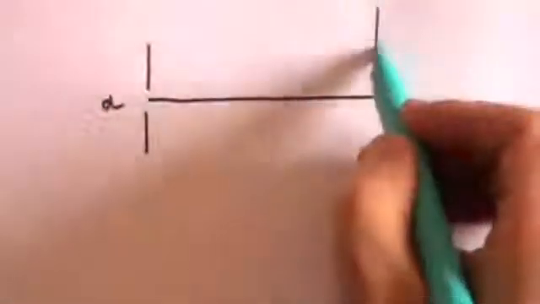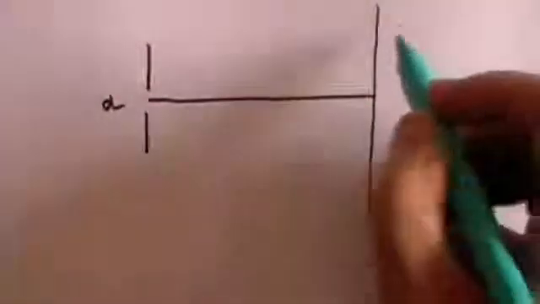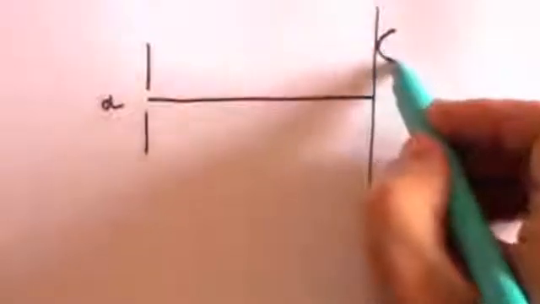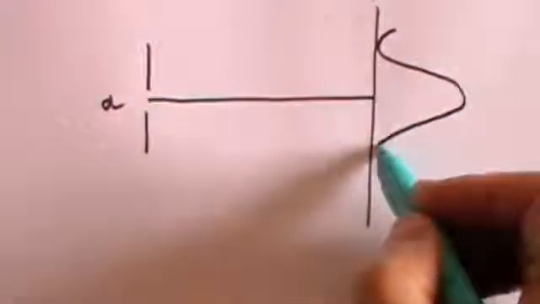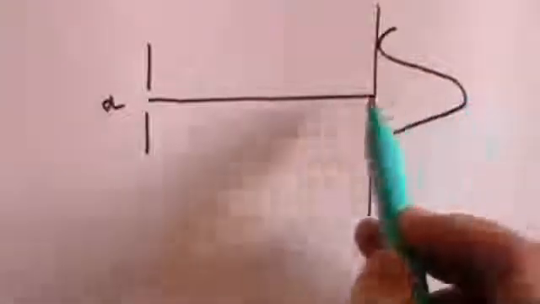Now I just want to make a slight diversion to remind you of the principle of single slit diffraction. If you have light coming through a single slit whose width is d, then the light hitting a screen will in fact be diffracted, and the intensity of that diffraction will look something like that. In other words, opposite the slit you get a very bright amount of light.